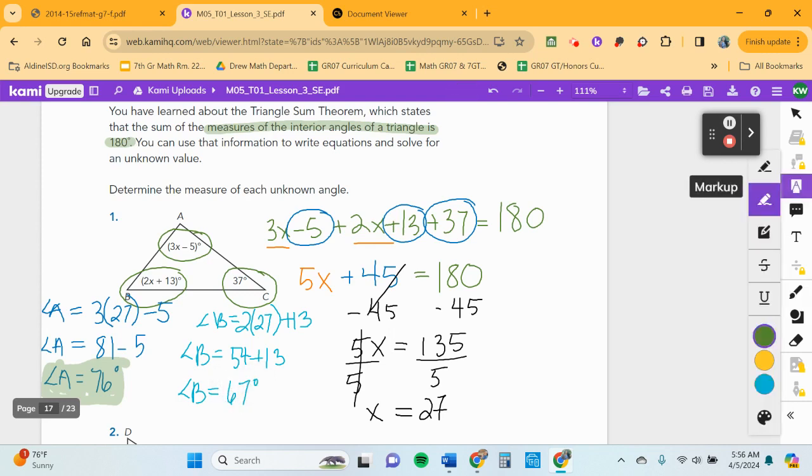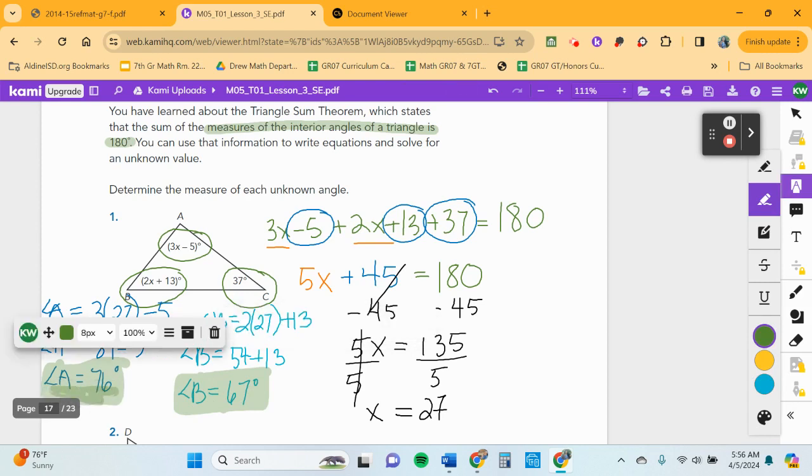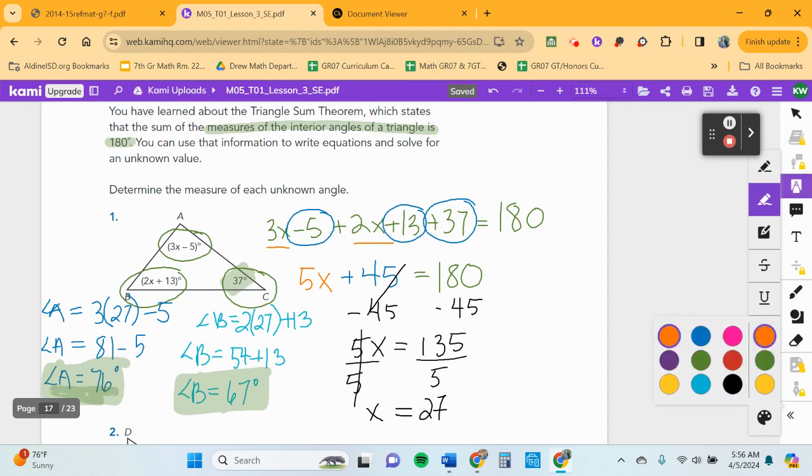And there is our final answer for angle B. So now we've got all three measurements. We've got angle A, angle B, and I know angle C is 37. Now think about this. What is one way we can check our work to make sure that we are correct? How do you think we can check our work?